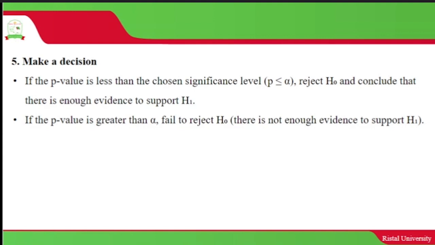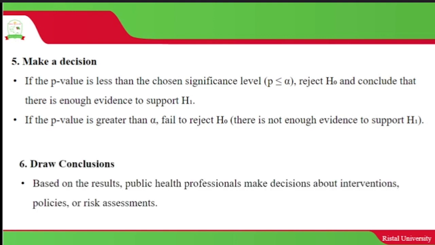If the p-value is greater than alpha, then you fail to reject the null and conclude that there is not enough evidence to support the alternative hypothesis. After making a decision, you draw conclusions. Based on the results, you're able to make conclusions about different interventions, policies, and risk assessments, depending on what you are studying.